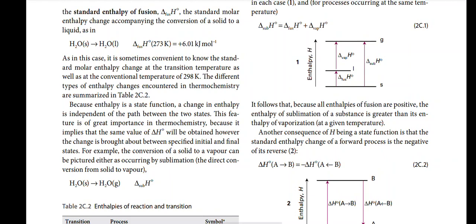As in this case, it is sometimes convenient to know the standard molar enthalpy change at the transition temperature as well as at the conventional temperature of 298 Kelvin. The different types of enthalpy changes encountered in thermochemistry are summarized in table 2C.2.